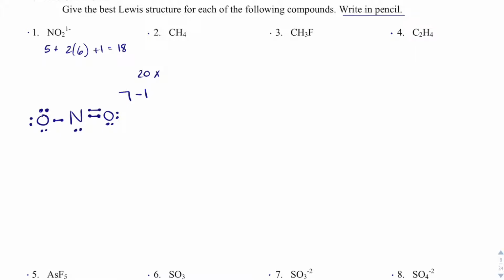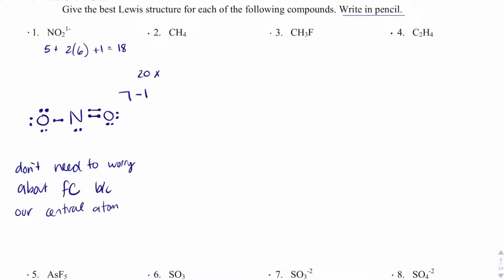We don't need to worry about formal charge. It does have a formal charge, but we don't need to worry. I'm going to call formal charge Fc because our central atom is in the second energy level.